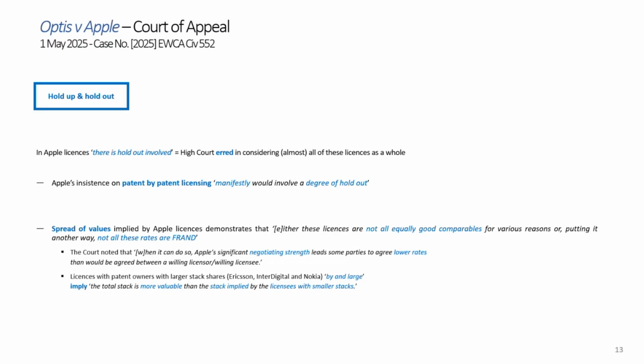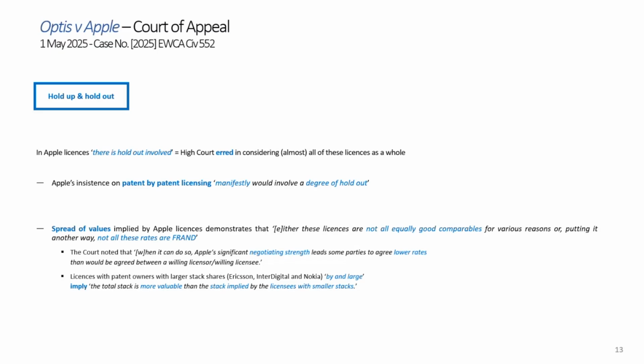The court found that Apple, when it can do so, uses its significant negotiating strength to agree lower rates than would have been agreed between a willing licensor and a willing licensee.